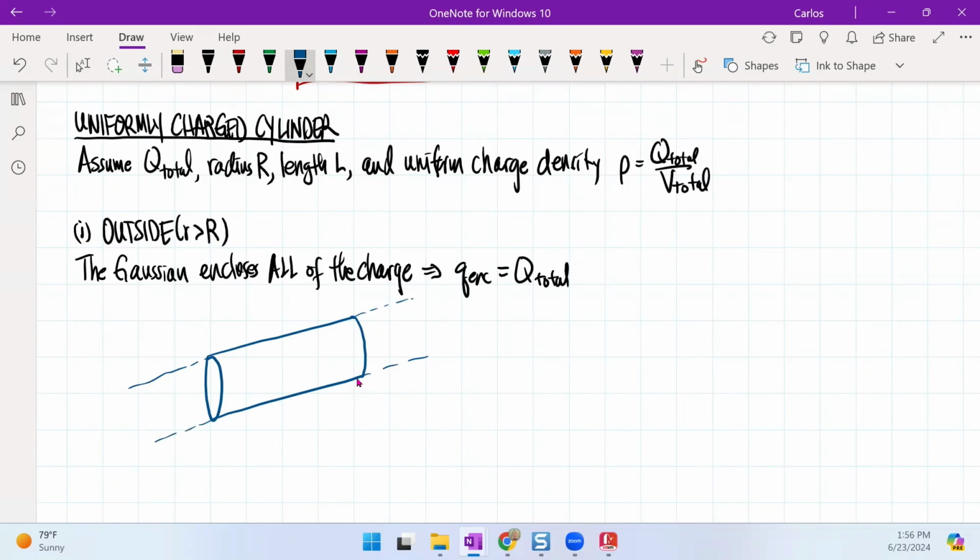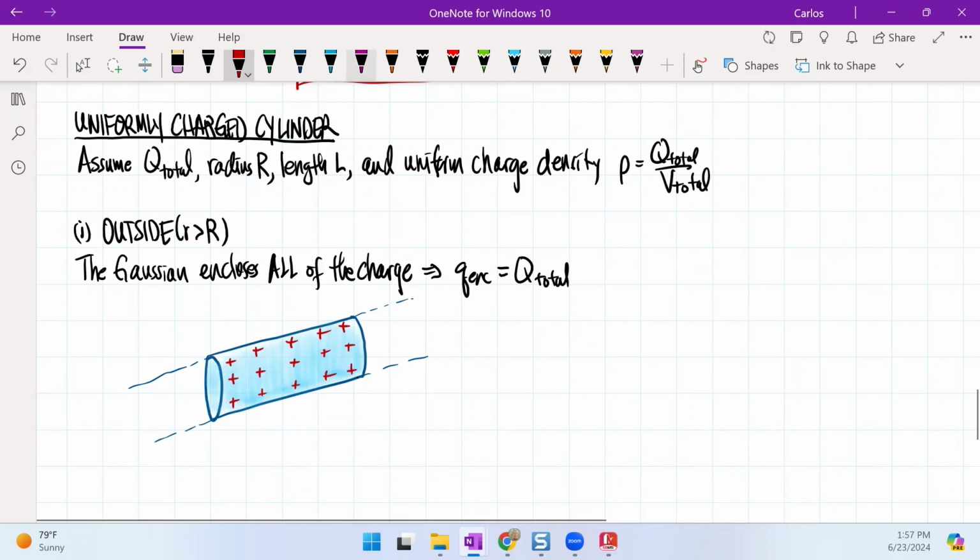And again, I have a uniform charge distribution here. Now, I can't see the ends.